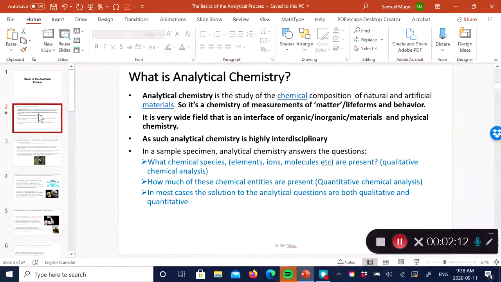For most societal problems that you're going to face in analytical chemistry, be it environmental analytics, food analytics, clinical diagnostics, you'll be looking to answer both of those questions. And so in most cases, you'll be doing not only quantitative, but also qualitative chemical analysis.